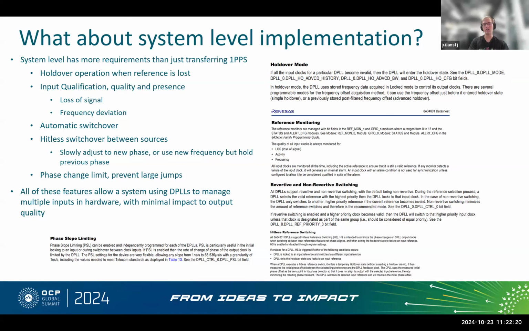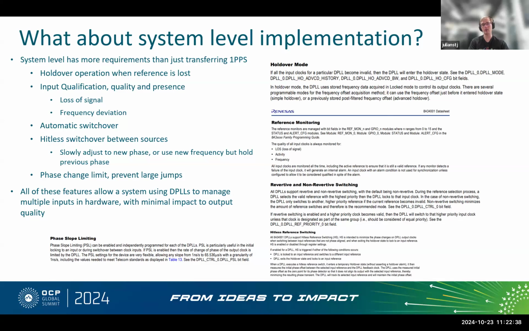This is done by holding the phase that it was doing with the previous one with respect to the second source. But then the output shift is basically glitchless, which is why it's called hitless switchover. So your output is not affected by the fact that your input switched.